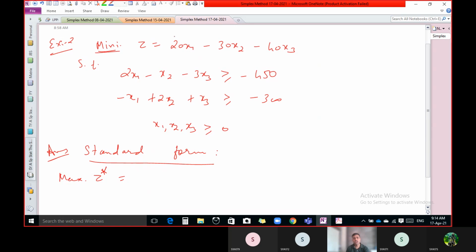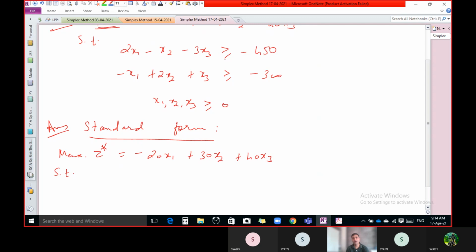Just multiply this by minus 1. If the problem is for minimization, convert it into maximization. If it is already in maximization form, keep it as it is. Here it is in minimized form, so multiply this by minus 1. So we get minus 20x1 plus 30x2 plus 40x3 subject to the constraints.